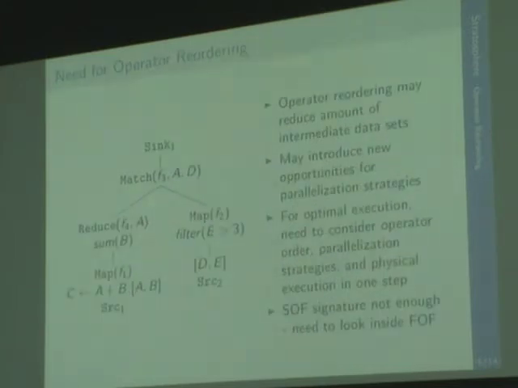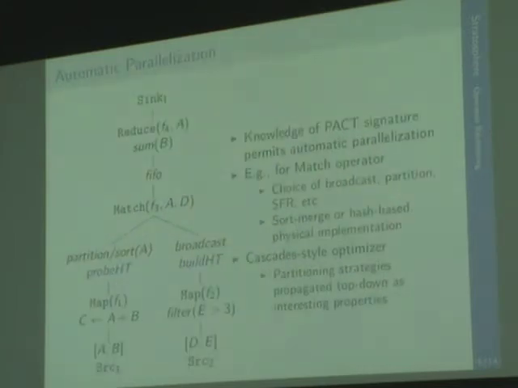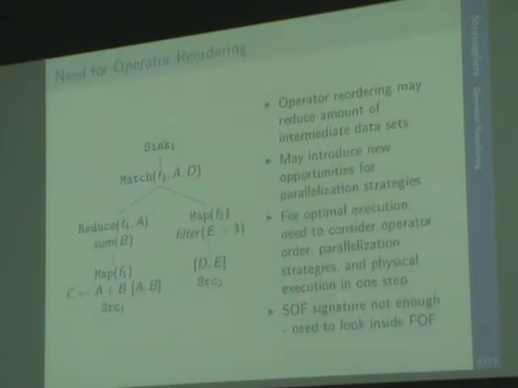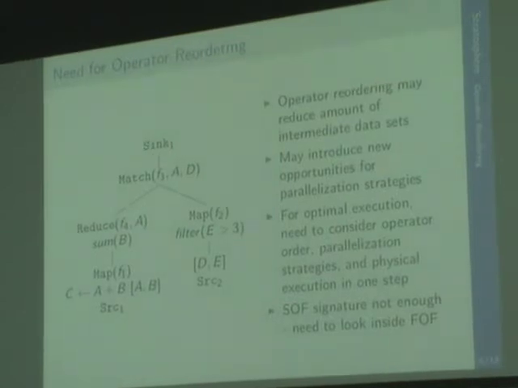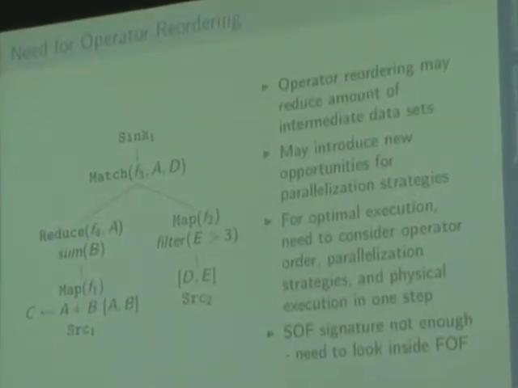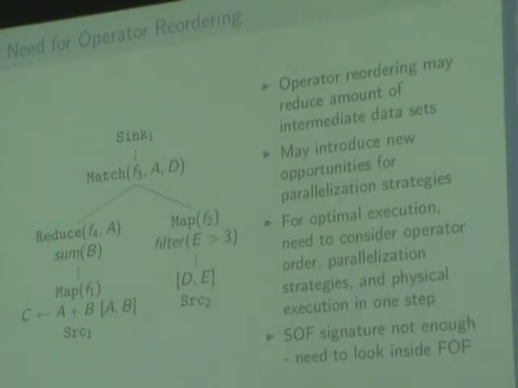So what we want to do is, from this query to this query, as you see, we moved the reduce, which is an aggregation, from after the join to before the join. This greatly reduces, or might greatly reduce, the number of intermediate records that have to flow through the system. And it also might introduce new opportunities for different physical join strategies and so on.